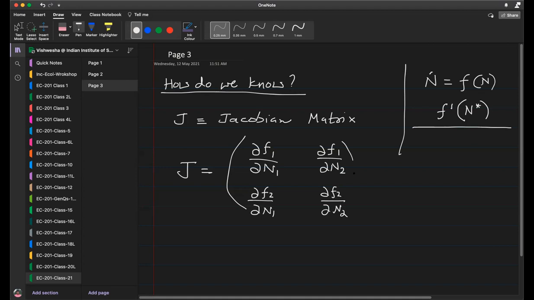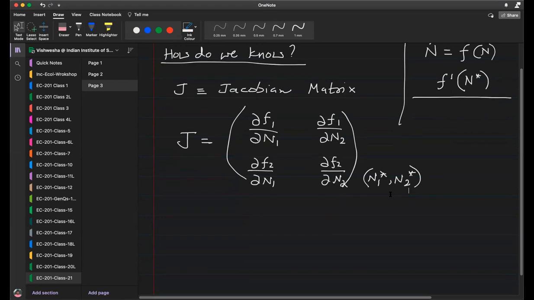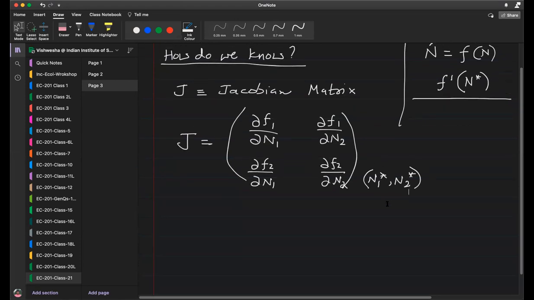And you evaluate this at the equilibrium, whichever equilibrium you are interested in. In the Lotka-Volterra model, there were two equilibria. One was the extinction equilibrium. The other was the coexistence predator-prey equilibrium. And then find the eigenvalues of J.